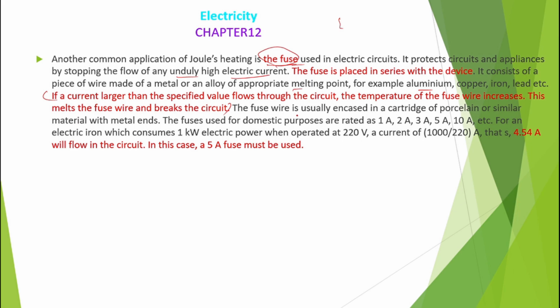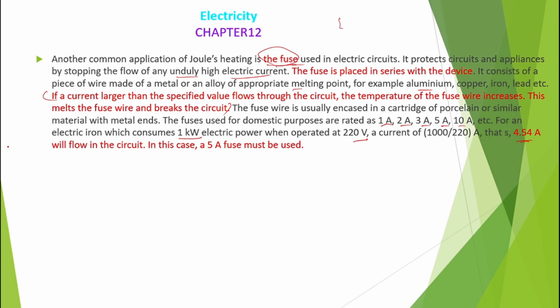The fuse wire is usually encased in a cartridge of porcelain or similar material with metal ends. The fuses used for domestic purposes are rated. If you see the fuses, they will be marked 1 amp, 2 amp, 3 amp, 5 amp, 10 amp like that. For an electric iron which consumes 1 kilowatt, an electric iron box requires 1 kilowatt power when operated at 220 volt. A current of 1000 divided by 220 amp, that is 4.54 amps.